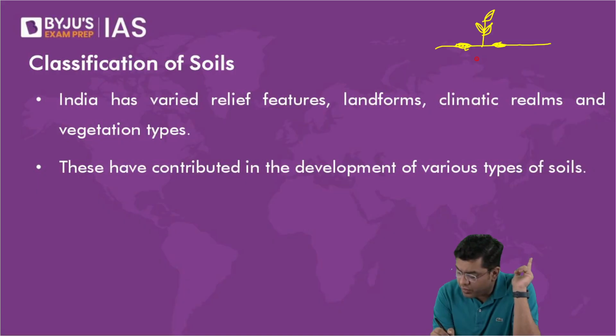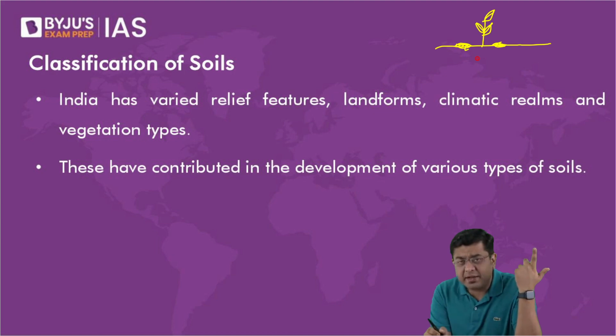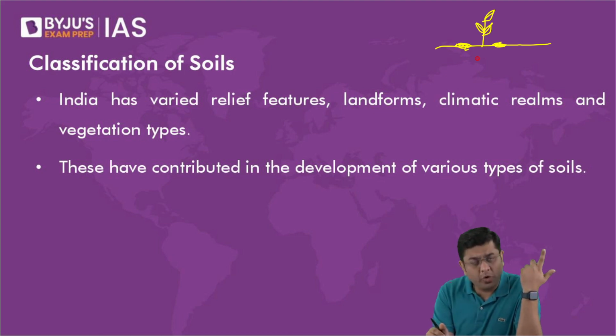Plant was there, so it was already fertile? Not necessarily. It is not necessary that where a plant is there, the soil is fertile. It might be very infertile soil, and only one kind of plant might be growing in that area. Is that understood now? Okay.